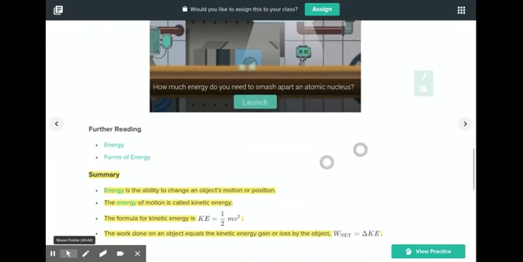All right, so that's the end of kinetic energy. I don't want to talk too much about kinetic energy in the atomic or quantum physics kind of terms, because we're not going to learn that.